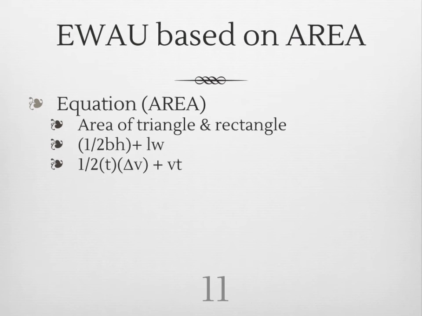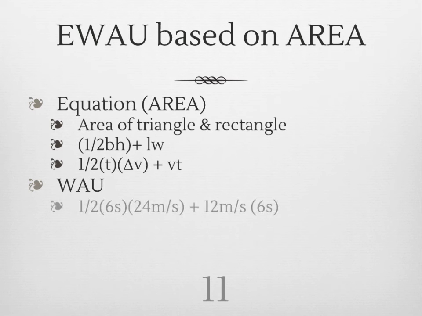On our graph, the base is the time and the height is the change in velocity. And the rectangle would be the velocity and the time. So substituting in all of the values that we know from the graph and calculating, we get 144 meters. Now that's one way to find it, based on the area under the graph.